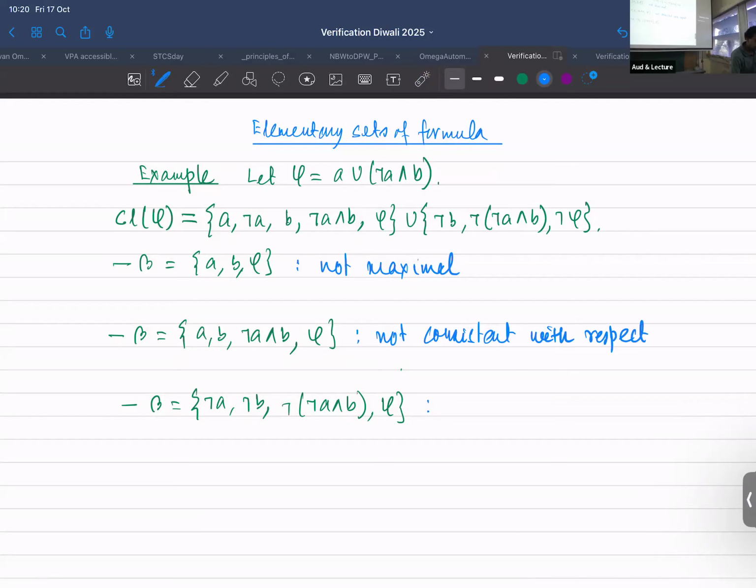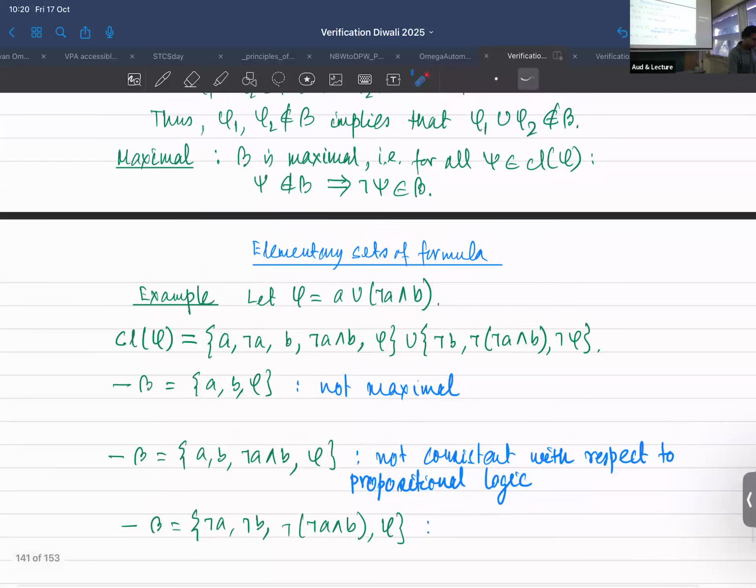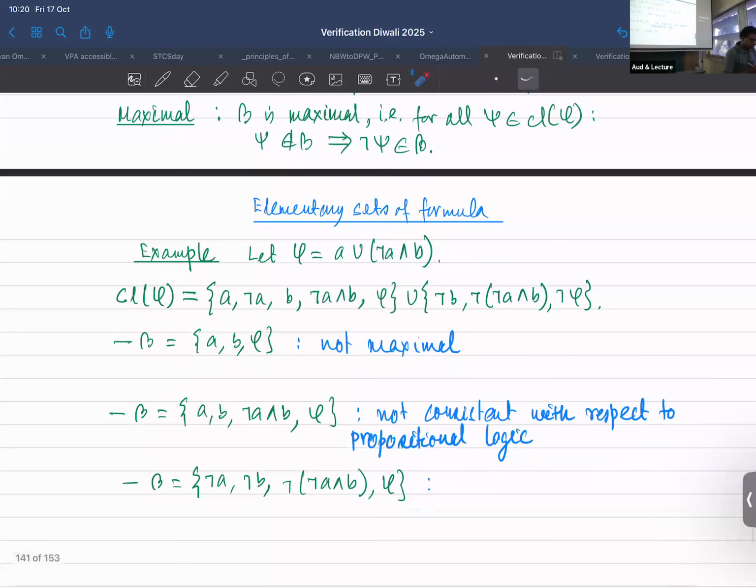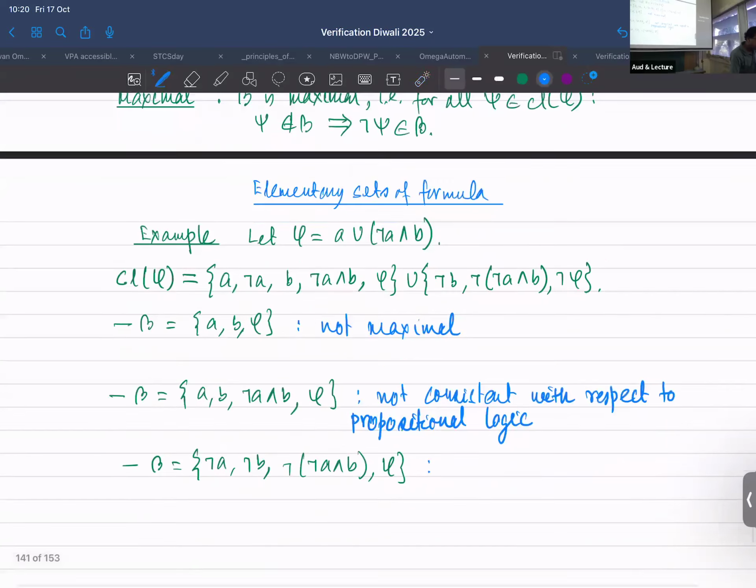But if we have not a and we have not of not a and b, so both these things hold true, then psi can't hold true, right? You mean the phi here? Yes, phi. Because either not a and b has to hold true now, or a has to hold true now. Correct. But neither of these will. So this is not locally consistent.